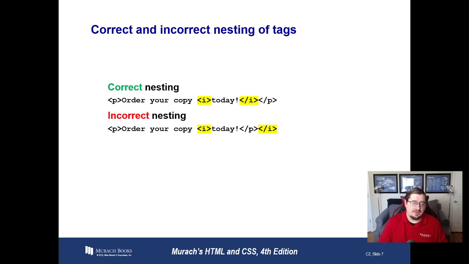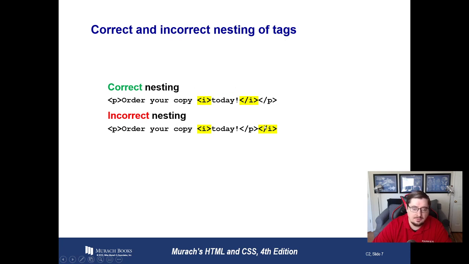One thing to keep in mind as you're writing tags is you need to use proper nesting. Don't use incorrect nesting. So here this is fine. You have a paragraph tag, and inside of that paragraph tag is an italic tag, an I tag. It's perfectly bounded: the start and the end is inside of the paragraph.